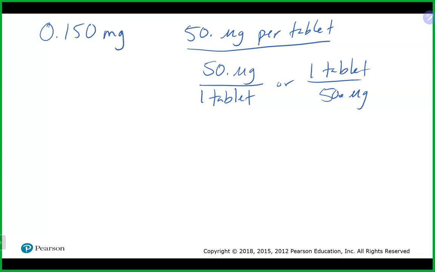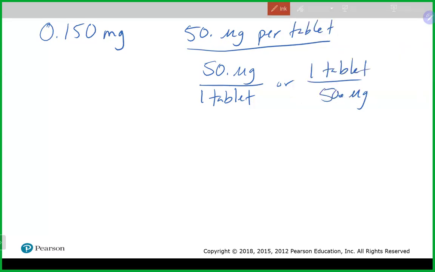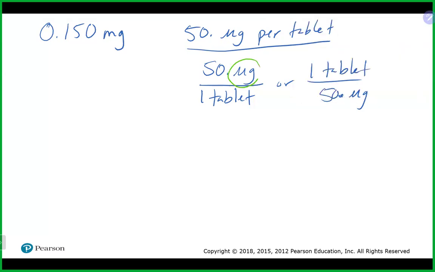The problem, though, is that our conversion factor from the problem is in micrograms, while our dose is in milligrams. So we cannot use these together the way they are written until we convert the units into the same unit.